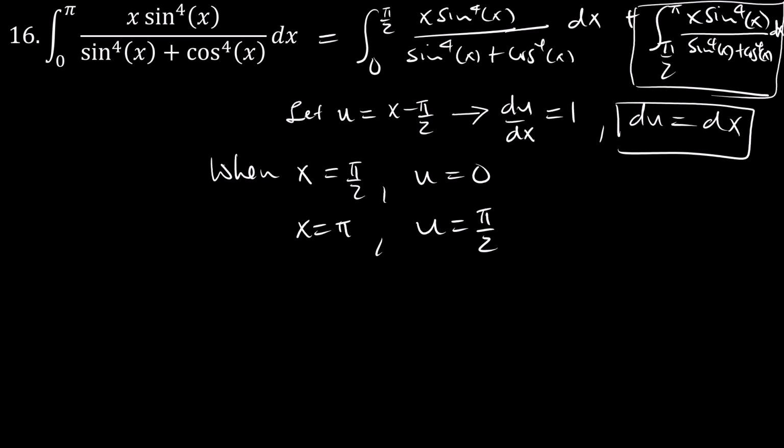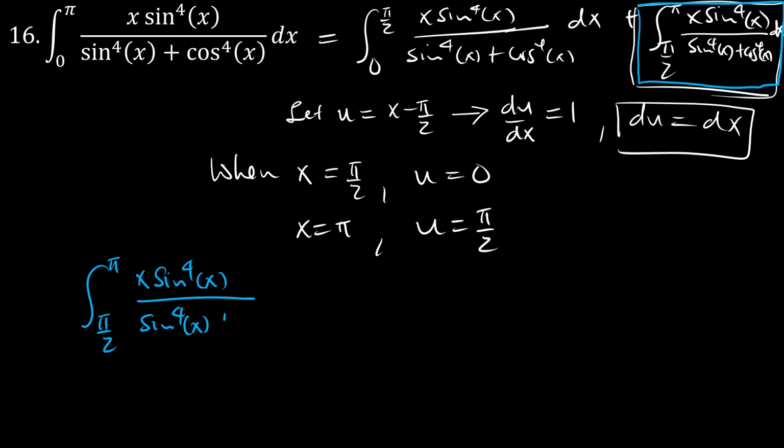Just to distinguish what we are doing here, let's use a different color. So we are focusing on this integral here. So it means that from pi over 2 to pi of x sine to the fourth of x over sine to the fourth of x plus cosine to the fourth of x becomes 0 to pi over 2 in the u domain.